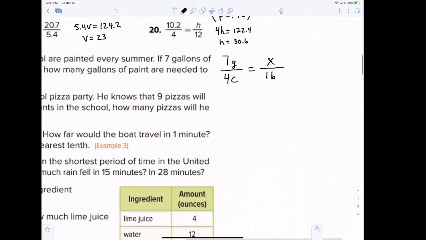So it would be 4x equals 16 times 7. So 112. And 112 divided by 4. What's that? 28. Yes. I'm happy. Good job. All right, everybody good?